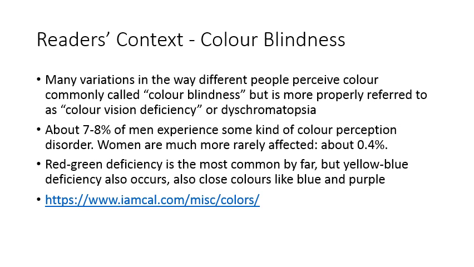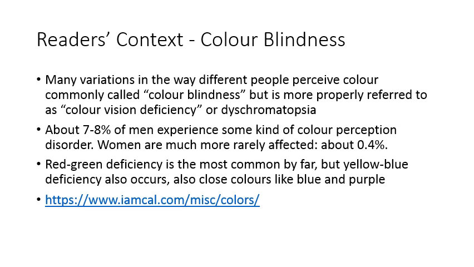So 7 or 8% of men suffer with some sort of colour perception disorder. So you do have to think about it and try to make your visualizations as accessible as possible, regardless of who they are. There can be different types of deficiency, so it can be red-green or yellow-blue, but red-green is the most common by far.